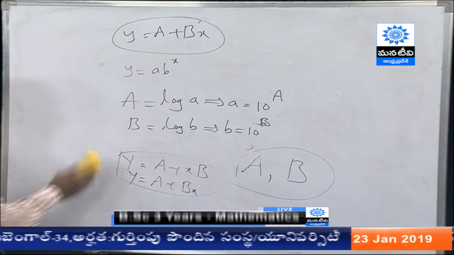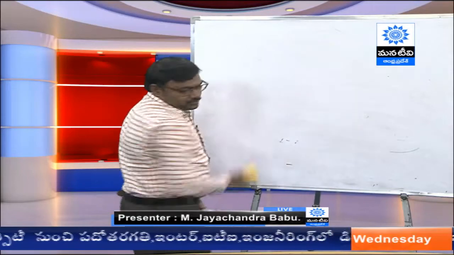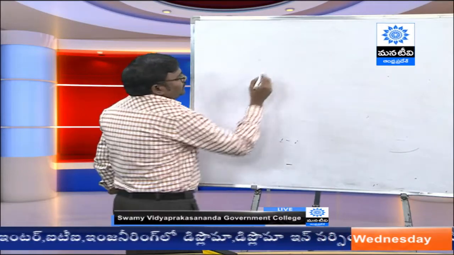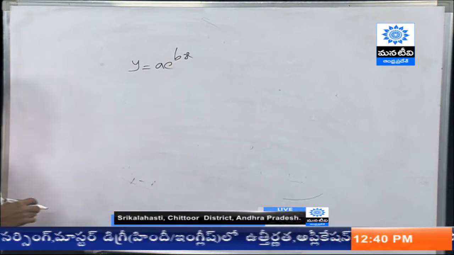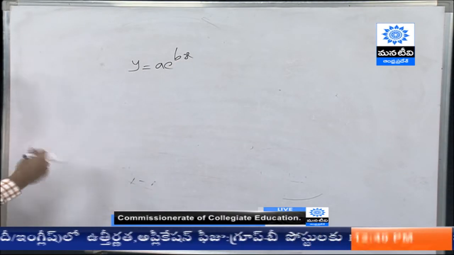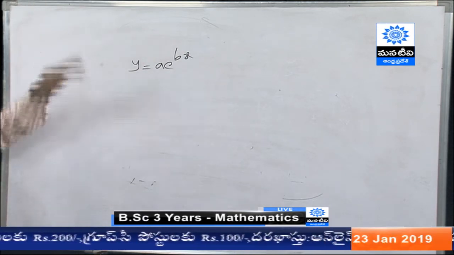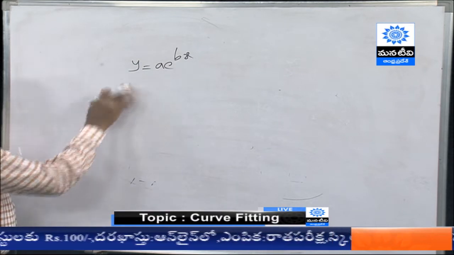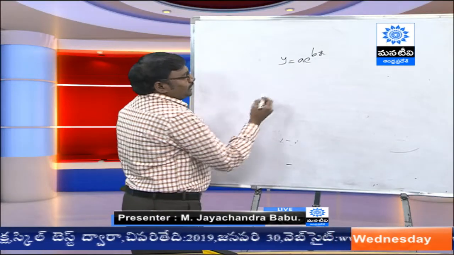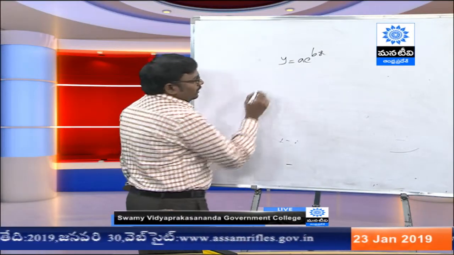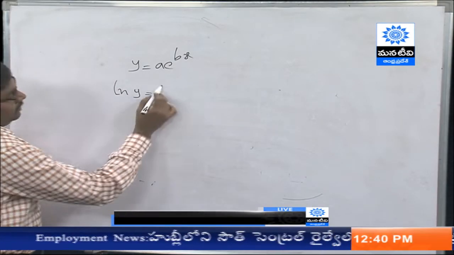So, similarly we can fit an exponential function to the given data. The general form of an exponential function is a into e power bx. Again we can convert this into a straight line, because we know how to fit a straight line. We do the same procedure as before, taking logarithms on both sides, but here we need to take ln, the natural logarithm.